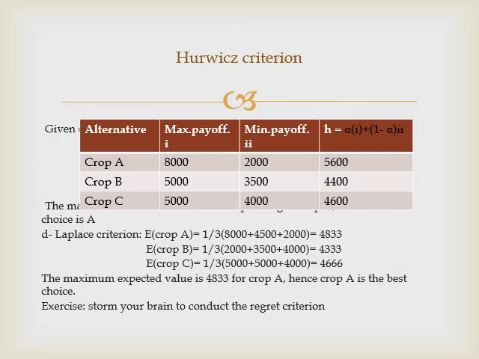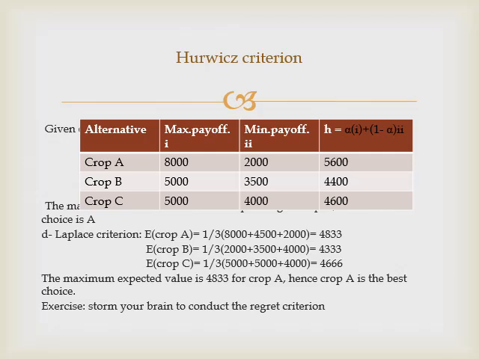For group C, the max payoff is 5,000. The min payoff is 4,000. Then H equals 0.6 multiplied by 5,000 plus 0.4 multiplied by 4,000. The result is 4,600.